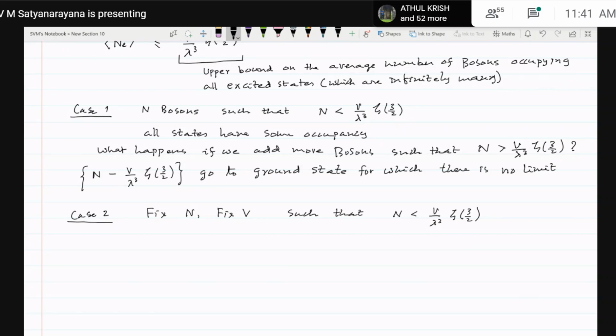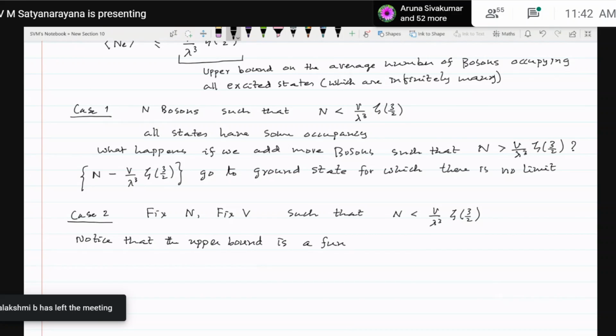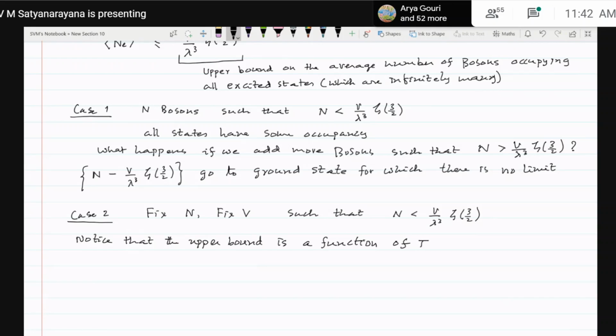Now notice that the upper bound is a function of temperature. Where is the temperature? The temperature is there in this lambda cube, that is, you have V into (2 pi m kB T by h square) to the power 3 by 2 into zeta of 3 by 2.